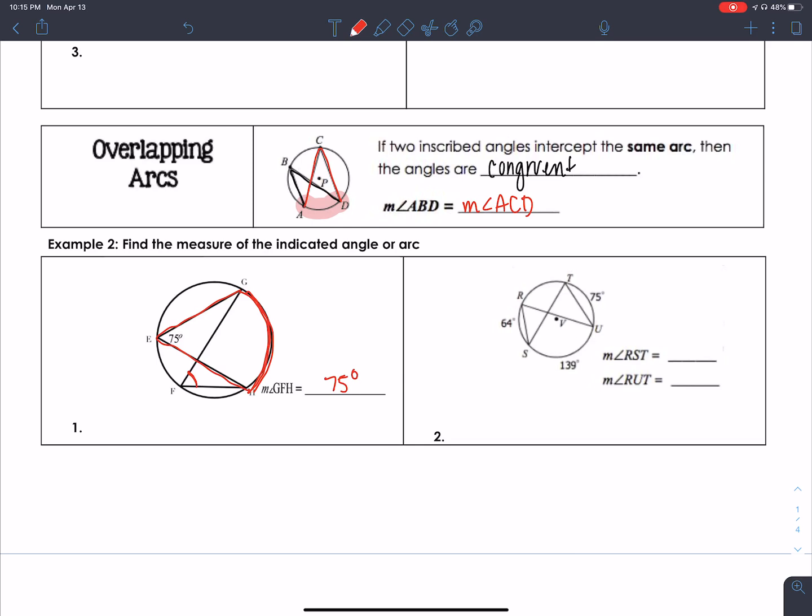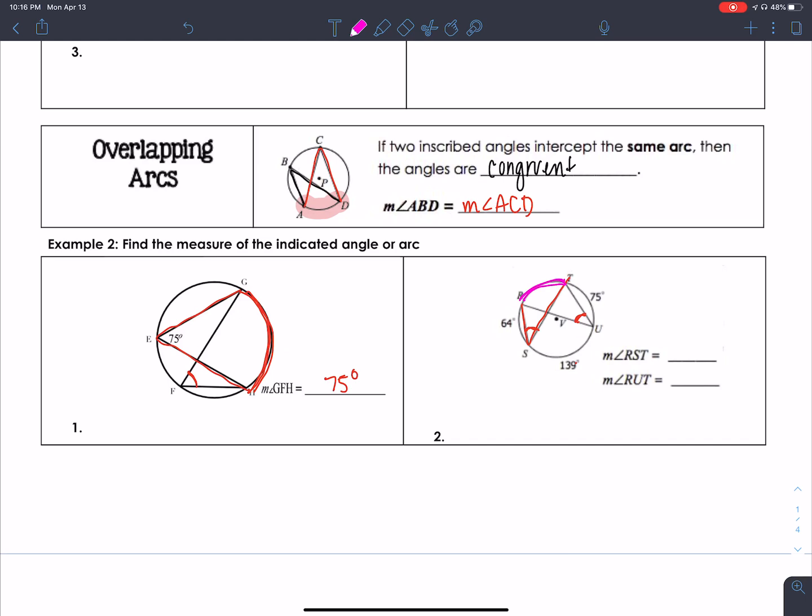Okay, now this one's a little bit harder, because they're going from arc to angle. All right, so we want angle RST. So RST, so we want this angle, and we want RUT. Well, we don't even have their intercepted arc, which is here, but we have the rest of them.